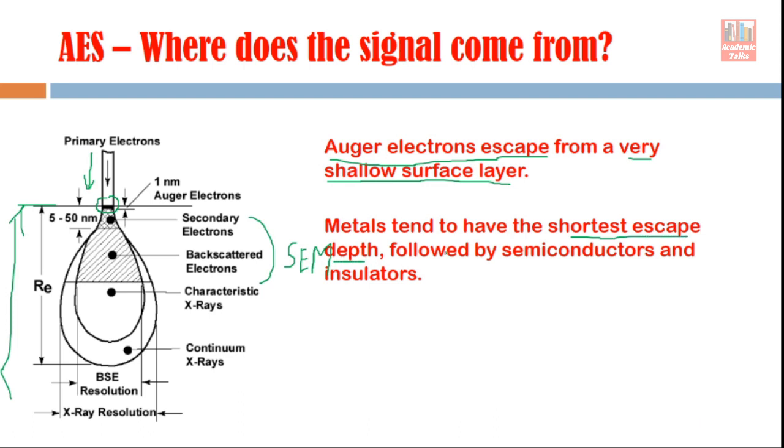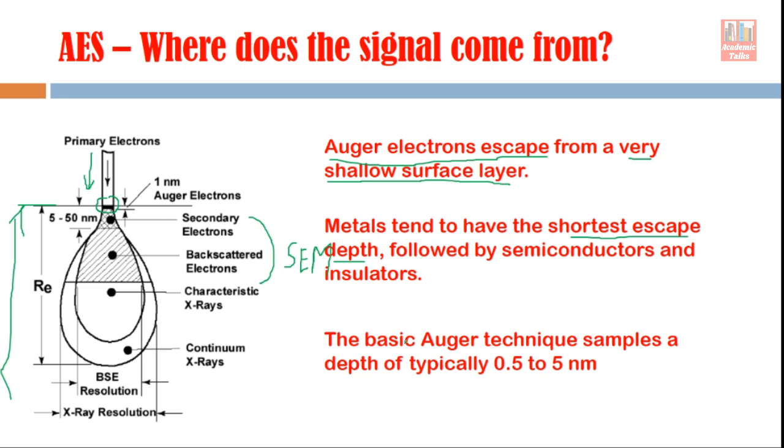If it is semiconductor or insulator, then they may have a little higher depth, but in any case the basic Auger technique samples a depth of typically 0.5 to 5 nanometer, right. So 5 nanometer, even if we consider this highest range, is a few monolayers, maybe 2, 3, 4 monolayers, not more than this.